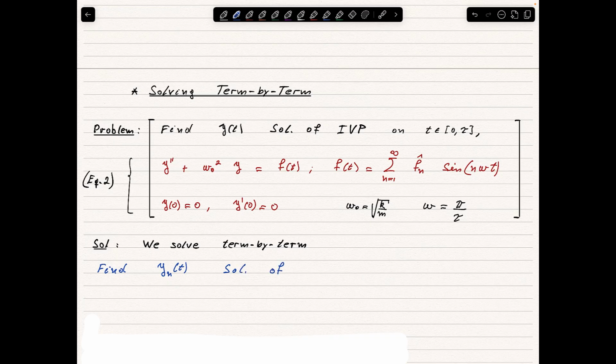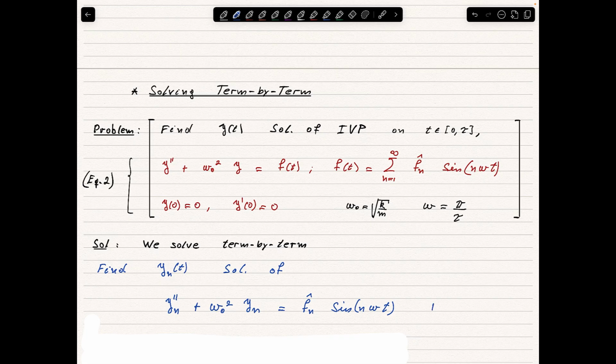The left-hand side is going to be the same as we have over there, yn double prime plus omega 0 squared yn, and here equal not the whole force, but one single term in this sum. So we are going to put here the coefficient of that term and then a sine function with n, a multiple of the driving frequency times t, of the fundamental driving frequency.